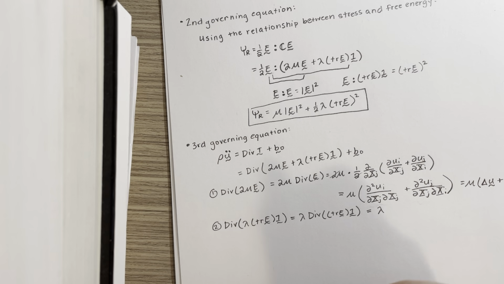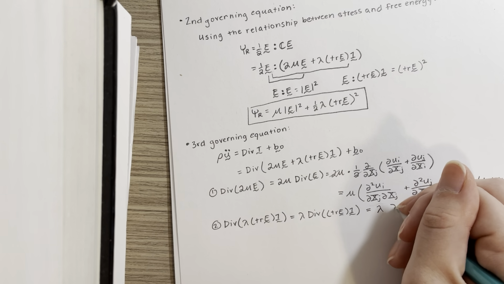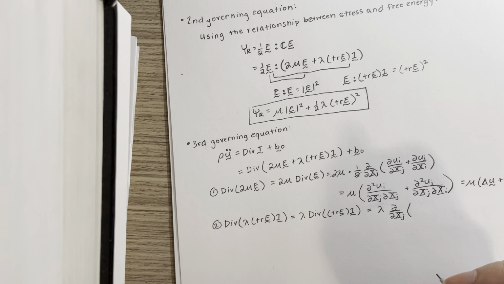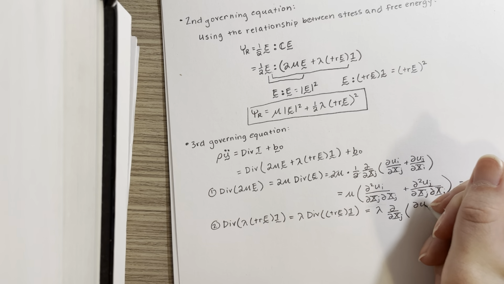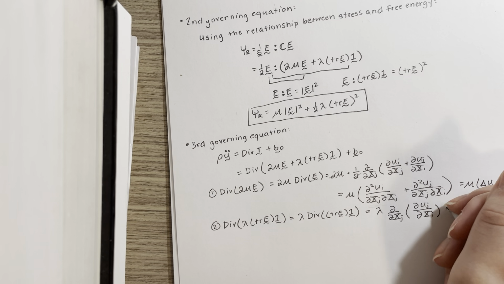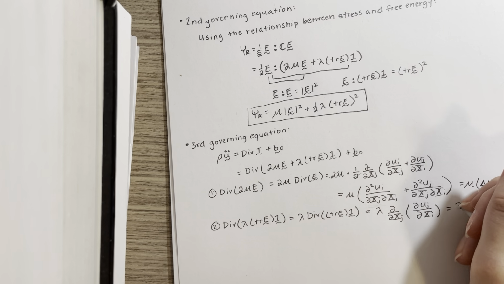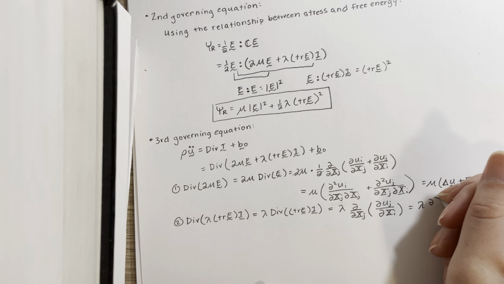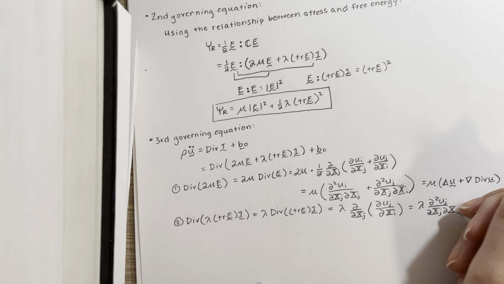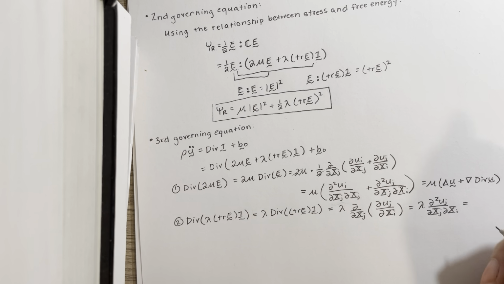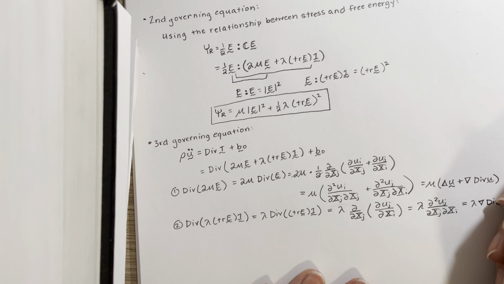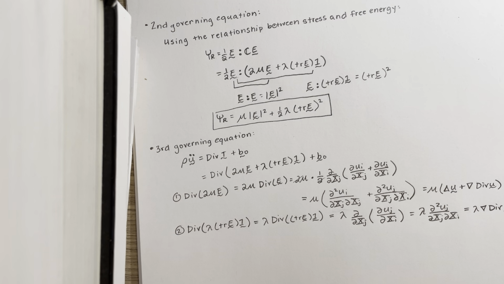So similarly, the divergence and then trace of E times the identity tensor could be written as del uj del xi. So then we get lambda del squared uj del xj del xi, which symbolically is the same as lambda times the gradient times the divergence of u.